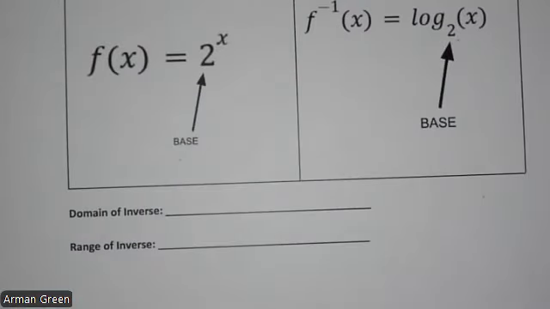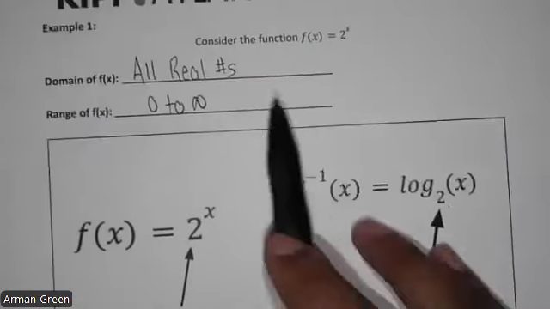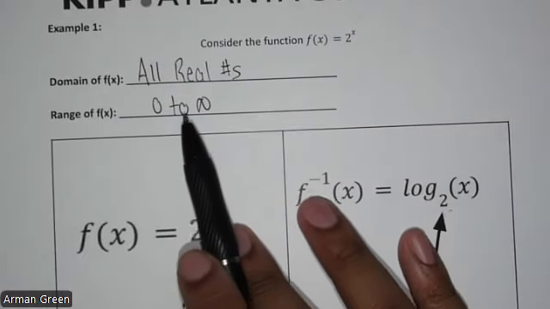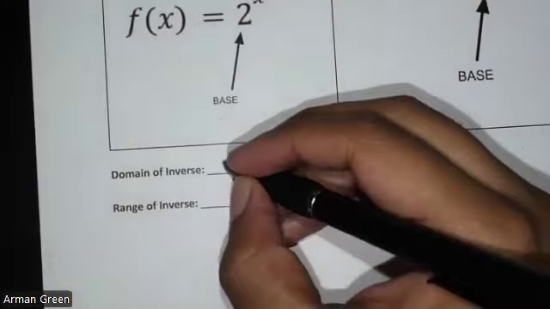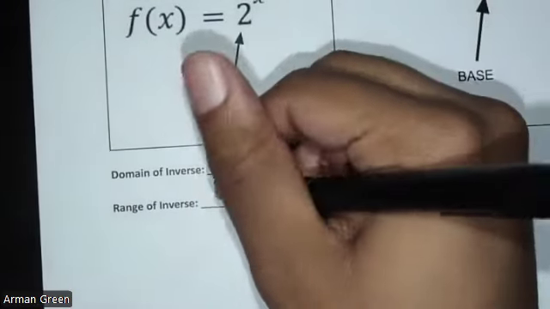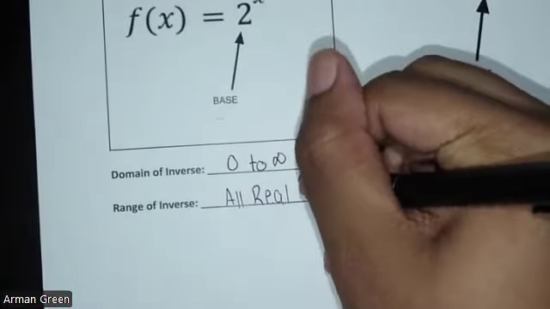So if I ask you what's the domain and the range of the inverse, it's the same values, but you just flip them around, meaning that this becomes the domain and this becomes the range. So the domain for the logarithm is 0 to infinity, and the range is all real numbers.